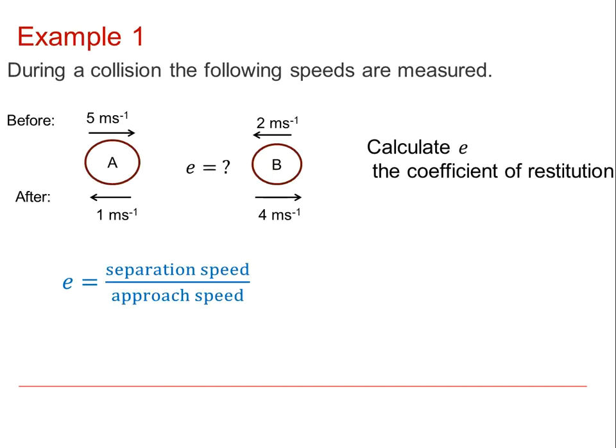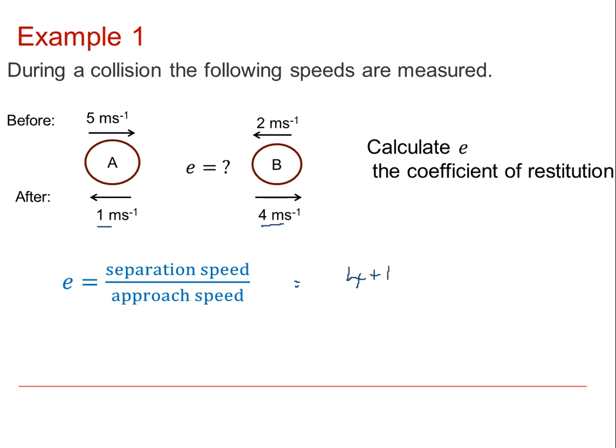Here we have a situation where the before and after velocities are shown in the diagram, and we're asked to calculate the value of E. Remember the speed of separation: if we look at the separation, we've got 4 in one direction and 1 in the other direction, so the speed they're separating at is 4 plus 1.